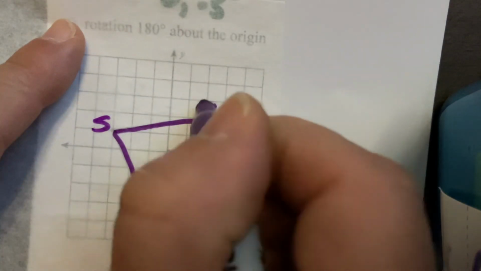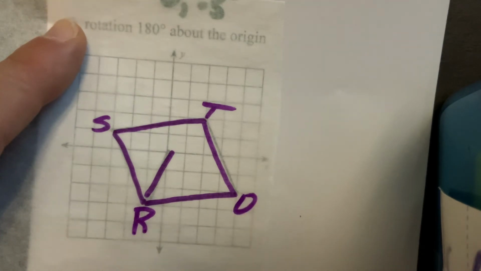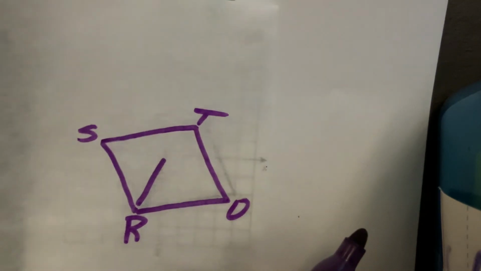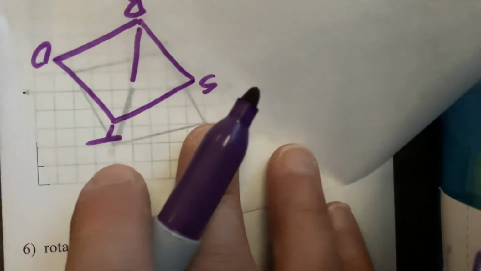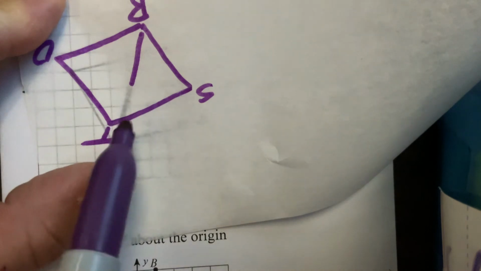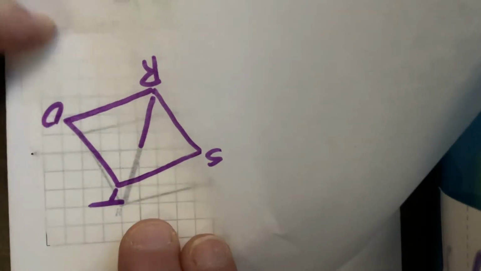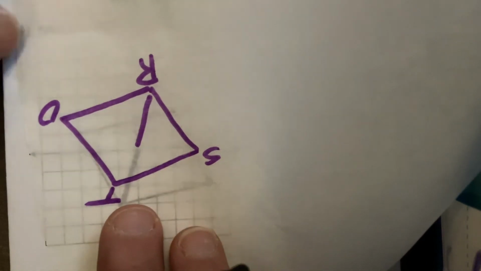So S, T, U. Because it says to rotate 180 degrees, I'm going to keep the origin straight and rotate it around until my old line and my new line form a 180-degree angle, which is a straight line. Then I'm going to do the best job I can to copy the new one onto the paper.